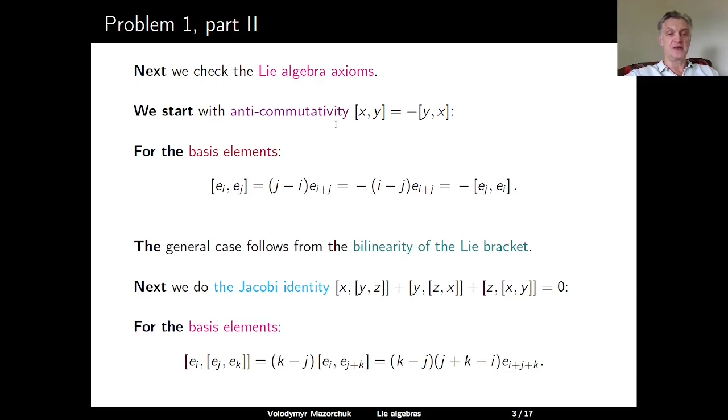We first compute the inner bracket of e_j and e_k, and we get (k minus j) times the bracket of e_i with e_{j+k}. This is equal to (k minus j) times (j plus k minus i) times e_{i+j+k}.